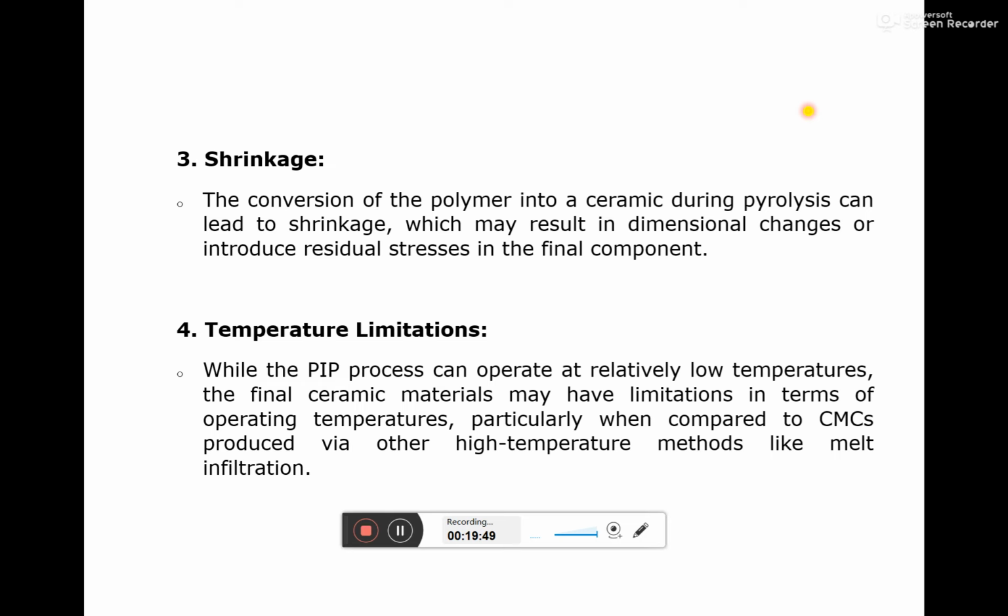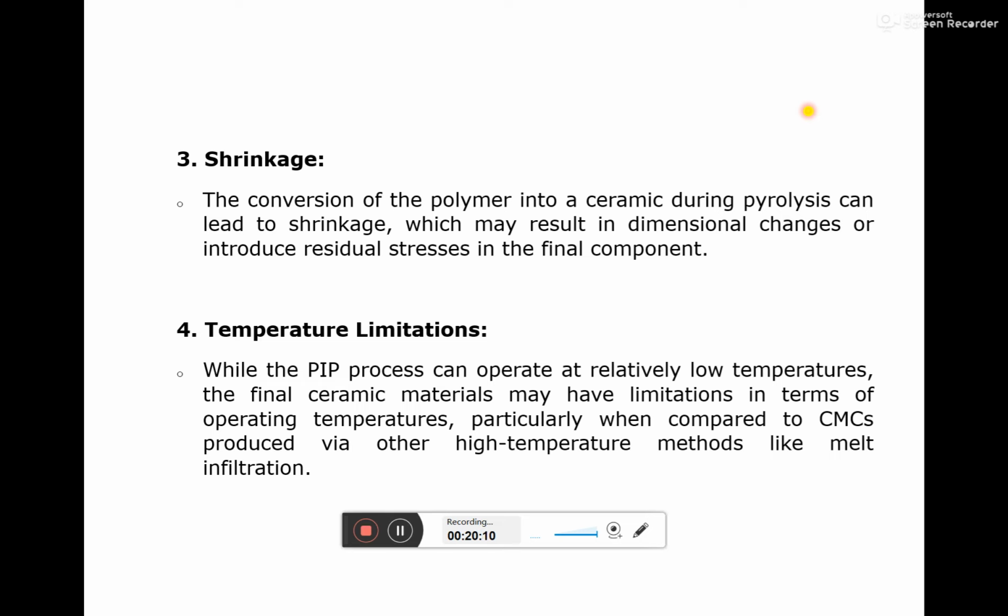While the PIP process can operate at relatively lower temperatures, the final ceramic materials may have some limitation in terms of operating temperature, particularly when compared to other CMCs.